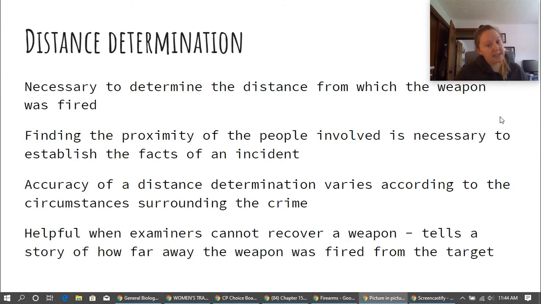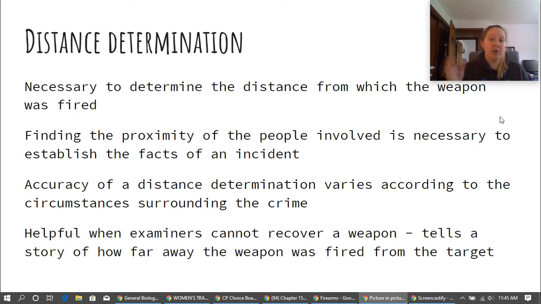Distance determination is necessary to determine the distance from which the weapon was fired, because this tells a very important story. Finding the approximate location of where people were that were involved in the crime is necessary to establishing the facts of an incident.